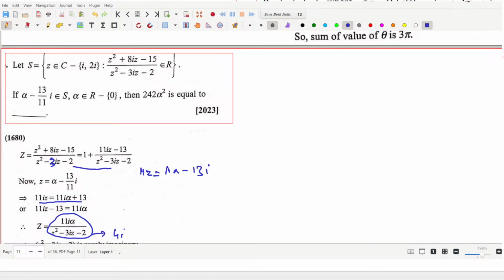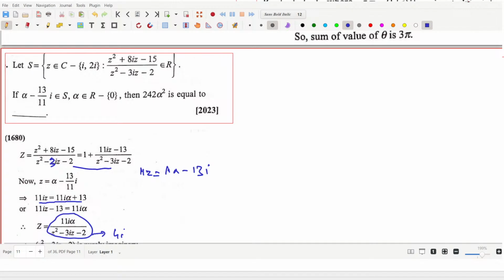By the same logic, W2 is obtained by the rotation of Z2 in the clockwise direction. That means W2 into I should be equal to your Z2. It's the opposite: if W2 is obtained by rotating Z2 in the clockwise direction, then Z2 is obtained by rotating W2 in the anti-clockwise direction by 90 degrees.